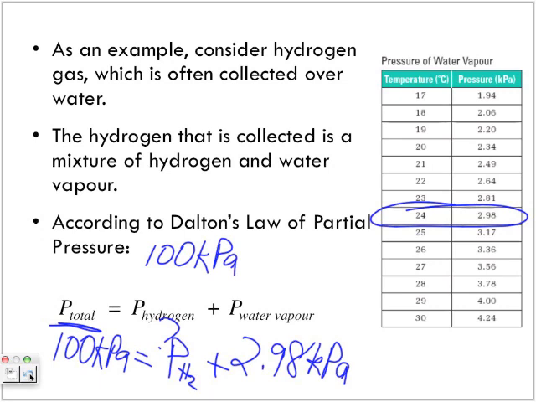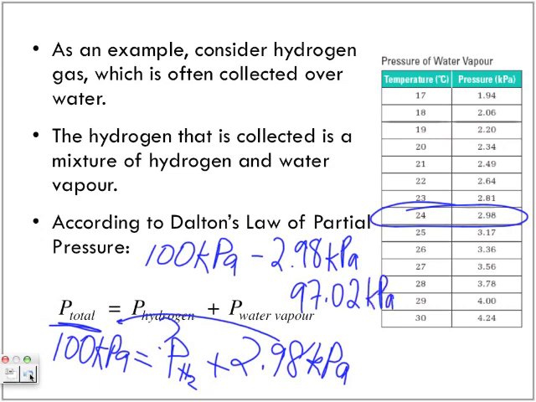I want to isolate for the pressure of the hydrogen gas, so I'm going to bring this over. I have to make sure that I'm subtracting the pressure of the water from my overall total pressure. According to Dalton's Law of partial pressure, you add up the pressures of all the gases together. So we've got the total, and we subtract whatever we know from this table. 100 kilopascals minus 2.98 kilopascals gives me 97.02 kilopascals.